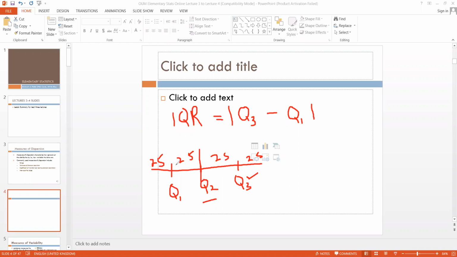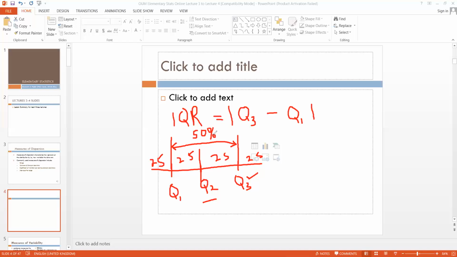Now what the interquartile range does is give you a measure of dispersion of the central 50% of the distribution. When you find your upper quartile and your lower quartile, you find the difference, and that measure accounts for the variation in the center half of the data.